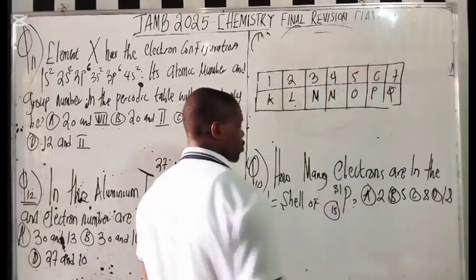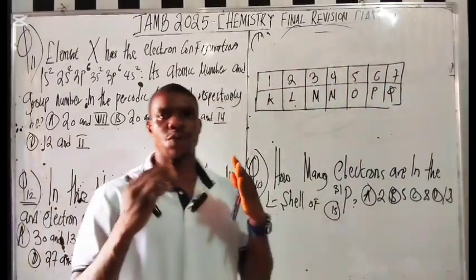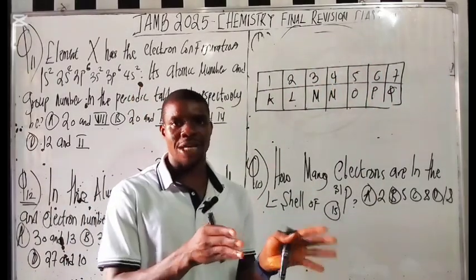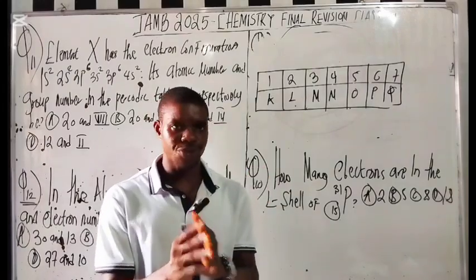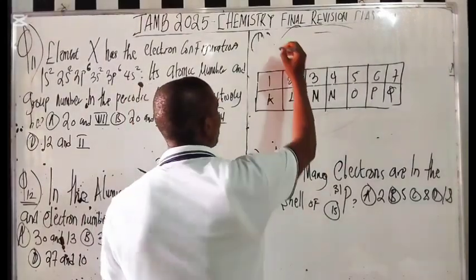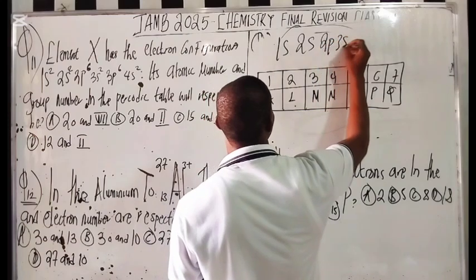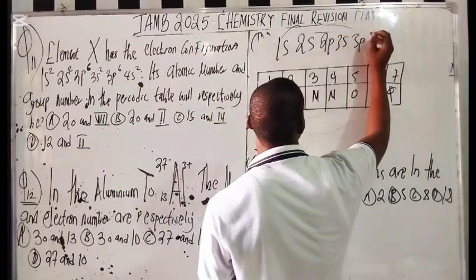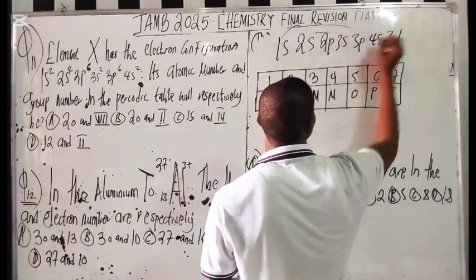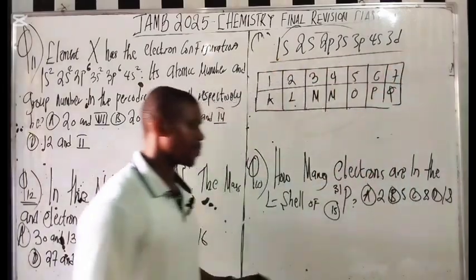For your stage, when it comes to JAMB, let me give you what I'm going to use most: 1s, 2s, 2p, 3s, 3p, 4s, 3d. They won't exceed this in your JAMB.